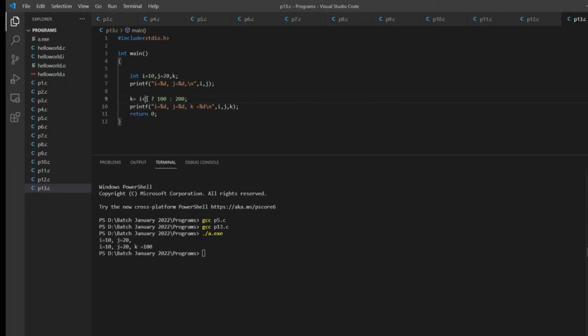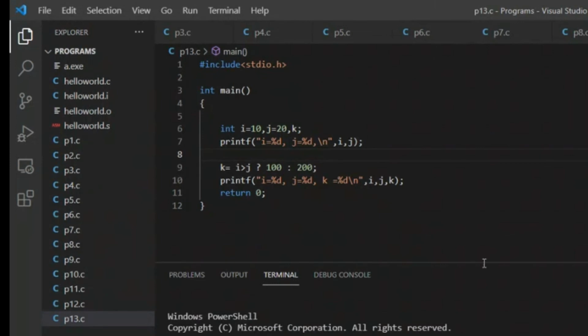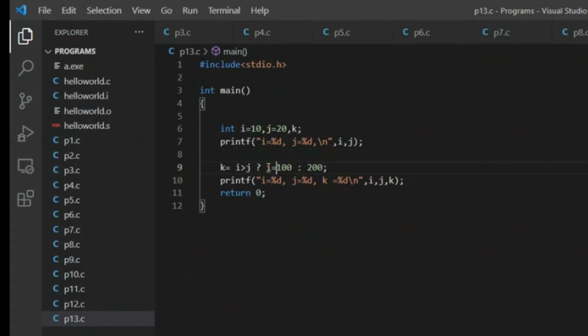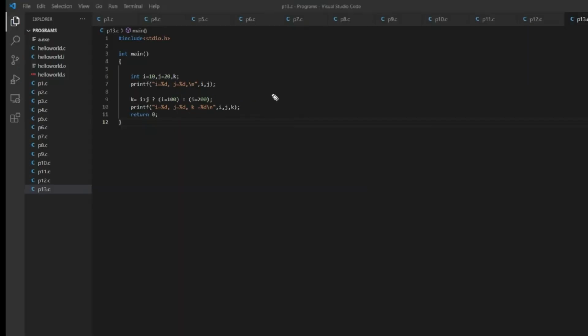Suppose I write here i greater than j. Then yes, exactly, 200 will be stored into k. Here you can write any expression or anything. Now i greater than j. Suppose my i is equal to 10 and j is equal to 20.